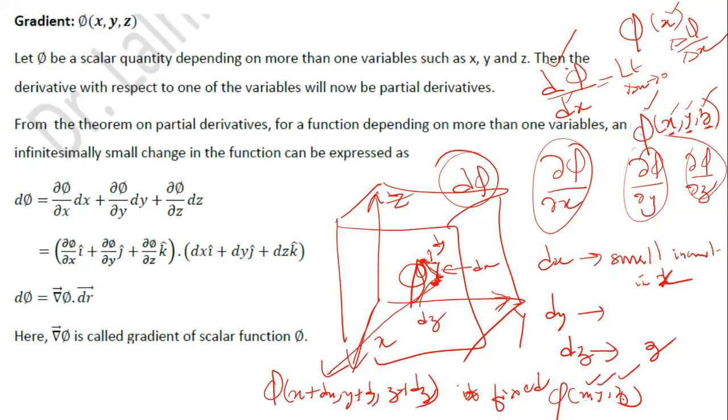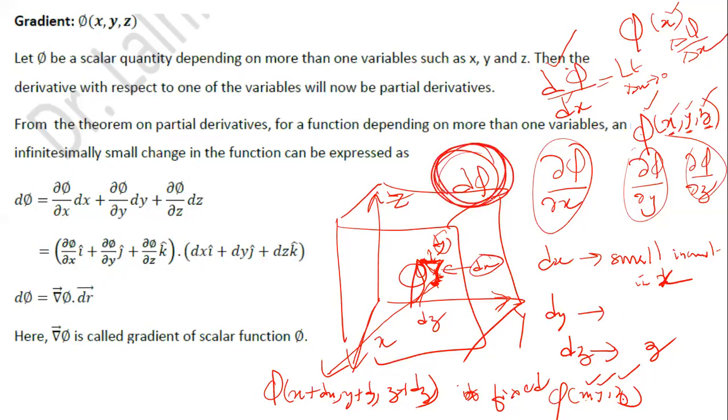So what is dx? If you move along the x-axis, the small increment along the x-axis is called dx. The small increment along the y-axis is called dy. The small change along the z-axis is called dz. So only when you change the space variables can you move from one location in space to another, and only then will you find a change in phi.